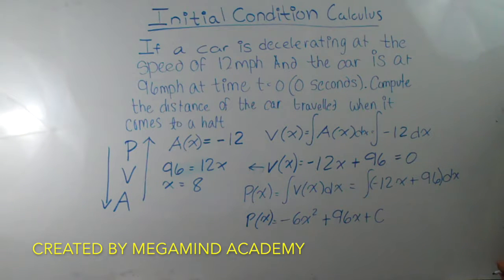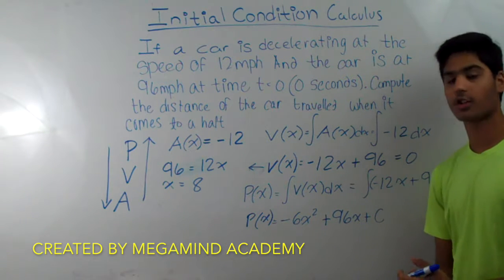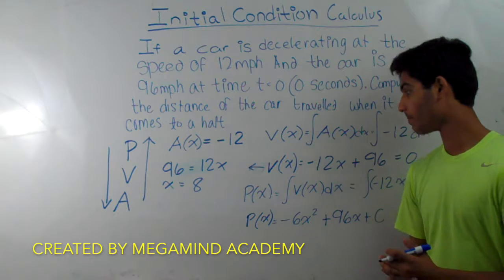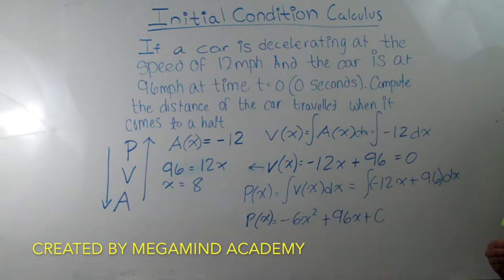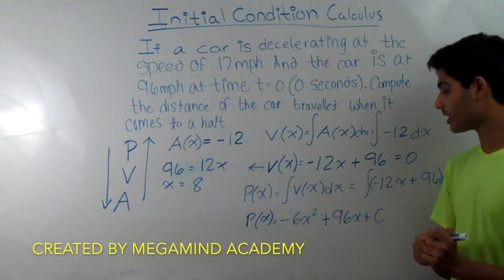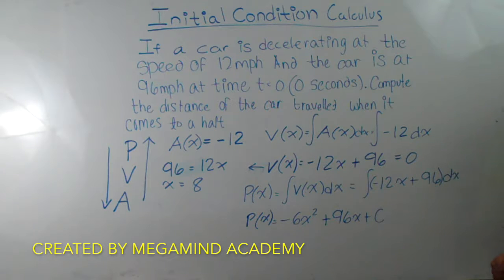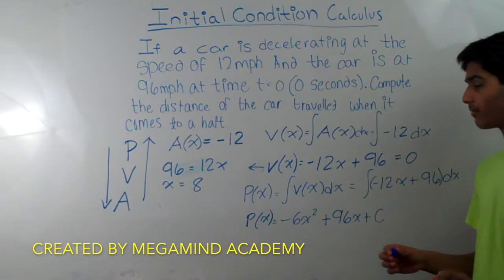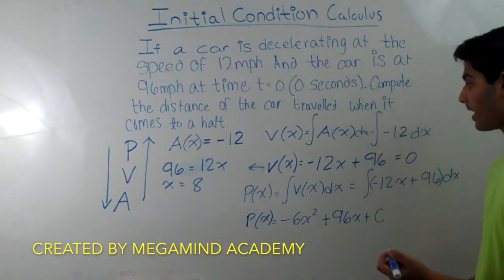So now we just have to plug in 8 into our position function, right? Well, how do we do that? We can't really do that in this case because we have c here. And we need to get rid of the c and put some actual constant there that makes sense in this problem. So how do we do that? Well, once again, we have to use our initial condition method. We know that at time 0, the car will have traveled 0 miles.